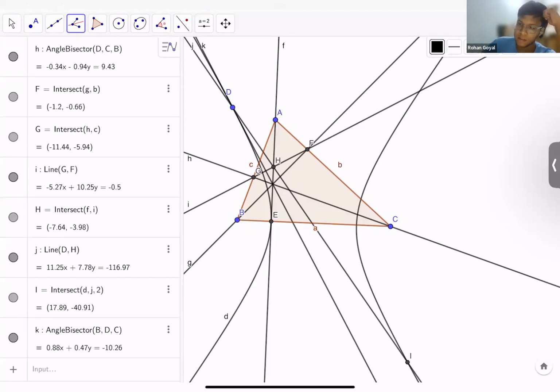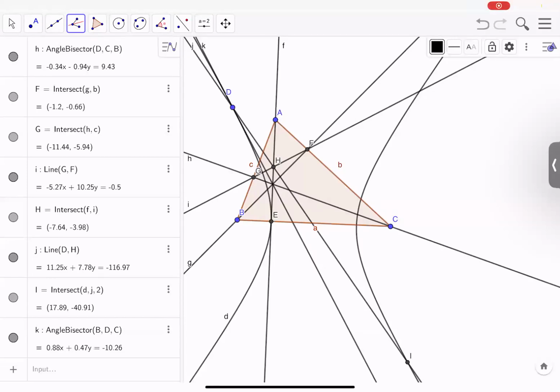Does that make sense? You take the foci, you take a point on the hyperbola, you take the angle bisector, and that will be tangent to the hyperbola. This you can prove, or you can read Franz's article.